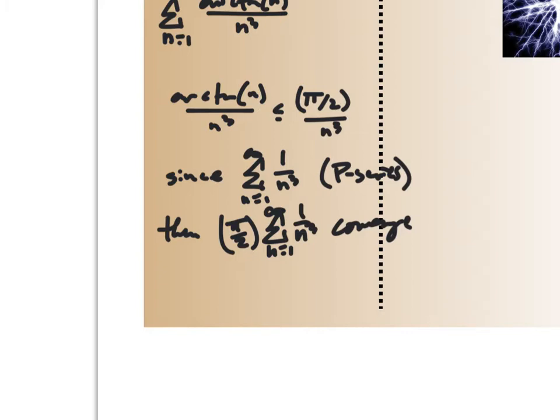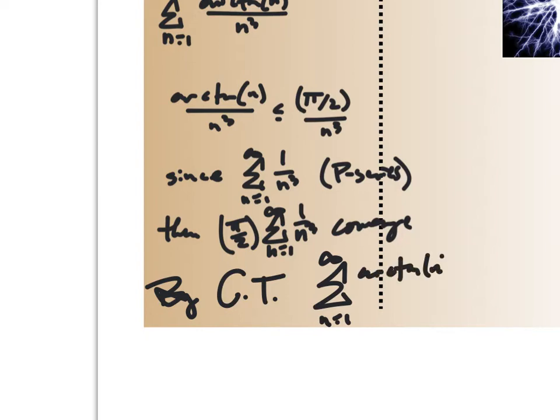Therefore, by comparison test, and this is not a formal write-up, the sum from n equals 1 to infinity of arctan of n over n cubed will also converge.